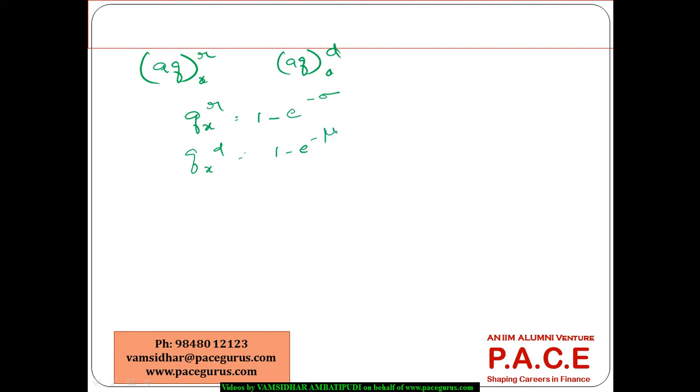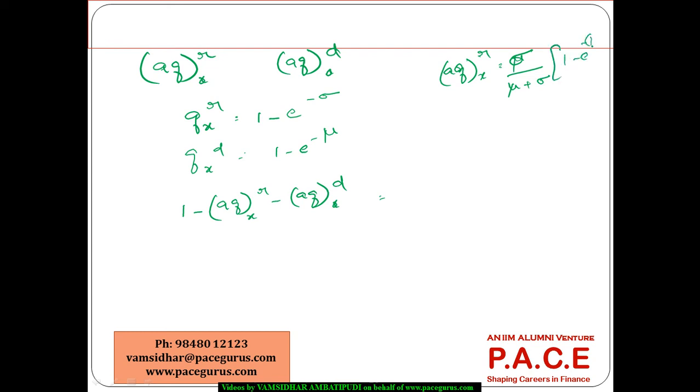Now that I have aqx, I have qx, right? So probably if I am looking at 1 minus aqx of R minus aqx of D, we have already got the values. Aqx of R, we simply got it as sigma by (mu plus sigma) times 1 minus e to the power of minus (mu plus sigma).